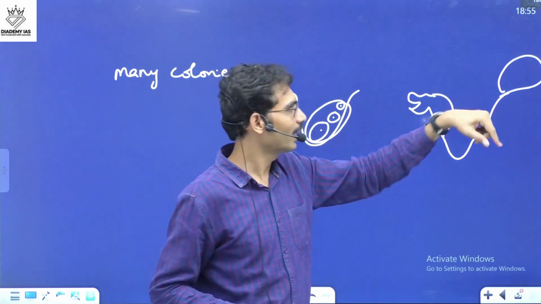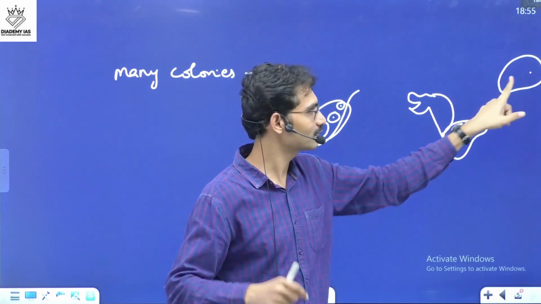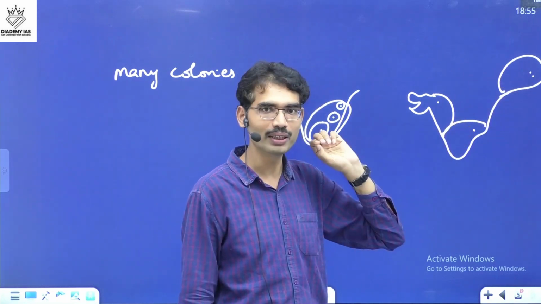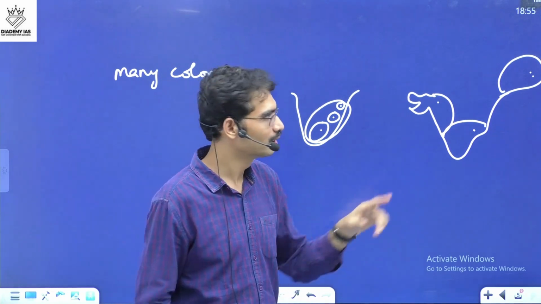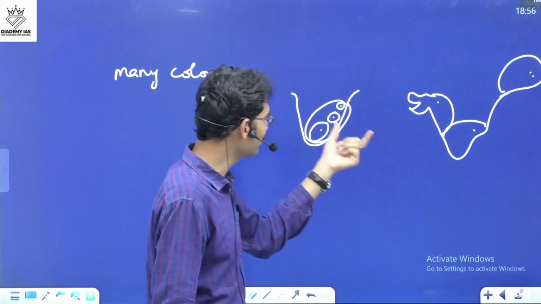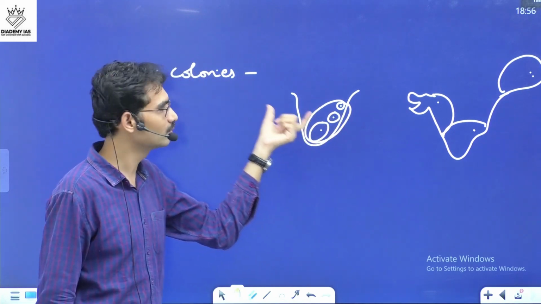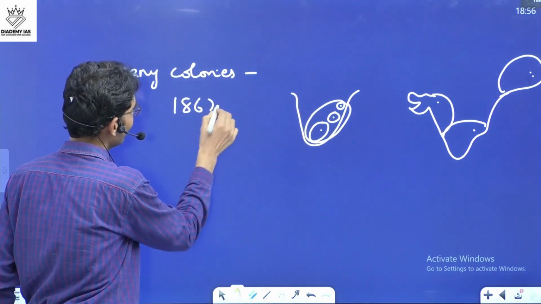That's why earlier Governor of Madras, Governor of Kolkata, Governor of Bombay, later Governor General of India emerged. Because they wanted to consolidate all the 3 presidencies. Same thing they are going to do here also. That is why that happened after 1867.